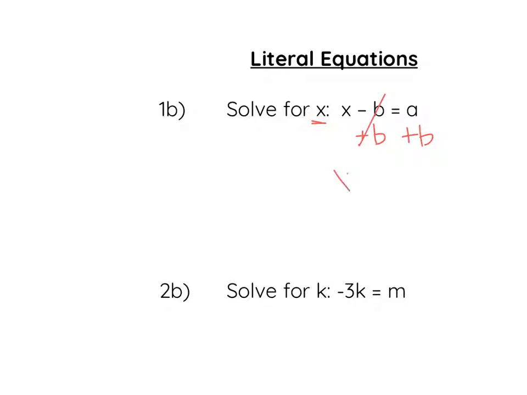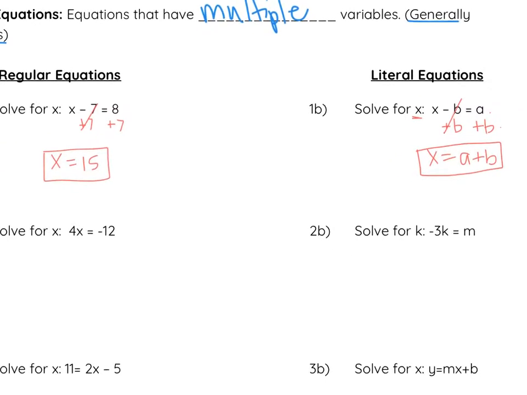So then that leaves us with x equals, these are not like terms, so we cannot put them together. It's just going to be a plus b. And that is our final answer. So when solving literal equations, we're going to generally have a couple variables that we are not able to put together.